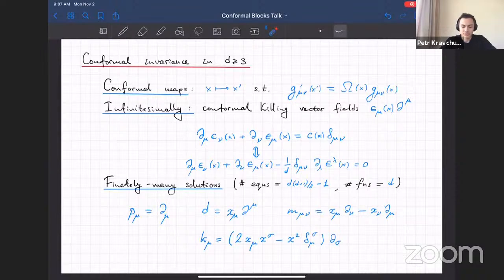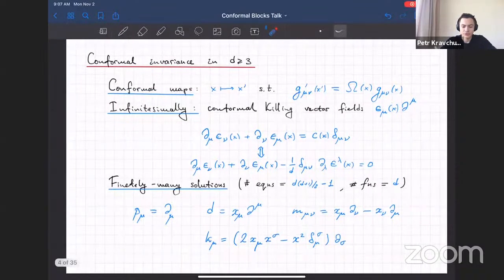Conformal maps are maps which don't necessarily preserve the metric, but allow the metric to be rescaled by some coordinate-dependent scalar factor. And as usual, we can study what conformal maps exist by studying infinitesimal conformal transformations.